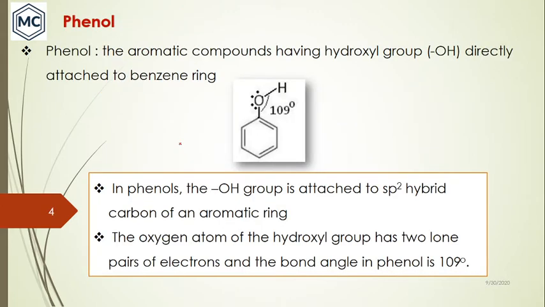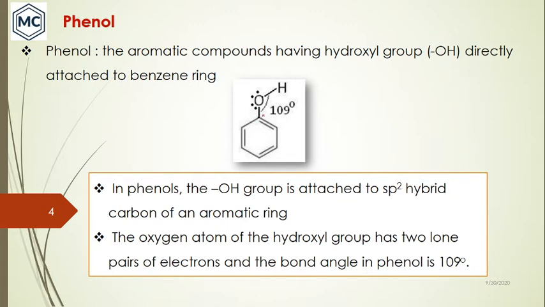Phenol, we already know, is an aromatic compound having a hydroxy group, OH, directly attached to the benzene ring. This is the structure of phenol. In phenol, the hydroxy group is attached to an sp2 hybridized carbon atom.